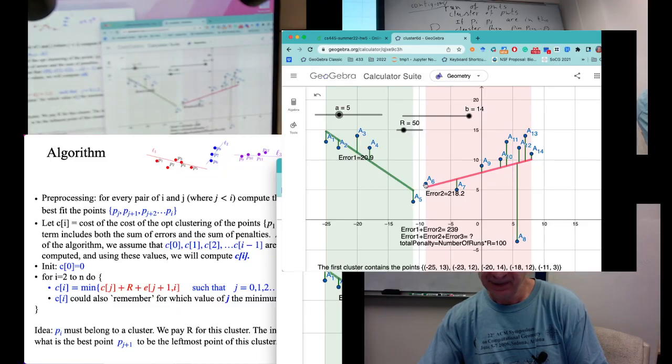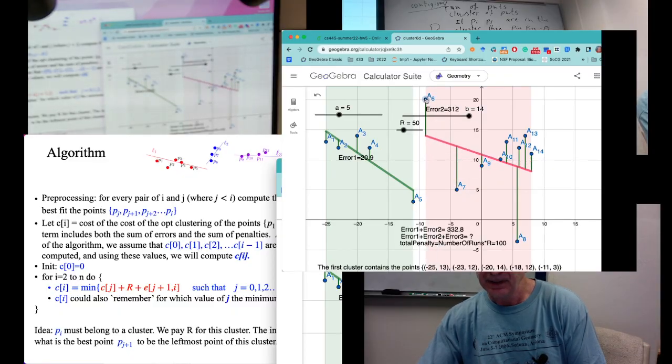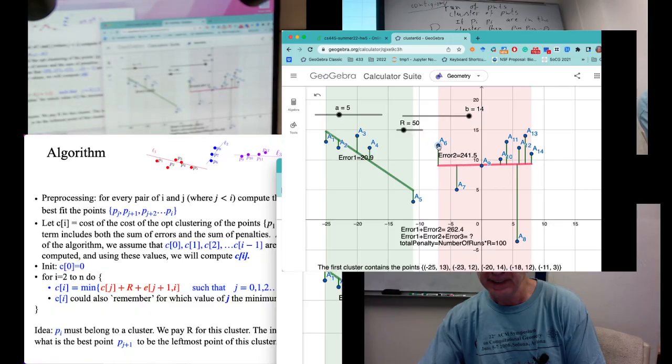A6 will be the first point of a new cluster, maybe, and A6 needs to know what is the total error that I did for the previous cluster if I want to say A6 will be in a cluster of itself. Why would it want to be in a cluster of itself? Because maybe A6 is so far away from all the points in the previous cluster, A6 is really very small or very large, so it is worth it for me to pay the penalty for A6 to be in a cluster of itself.